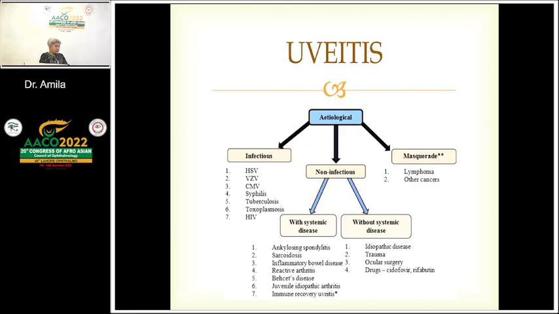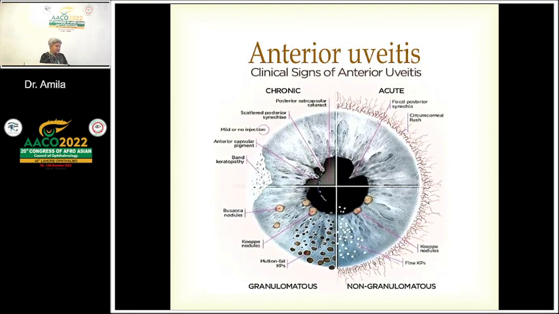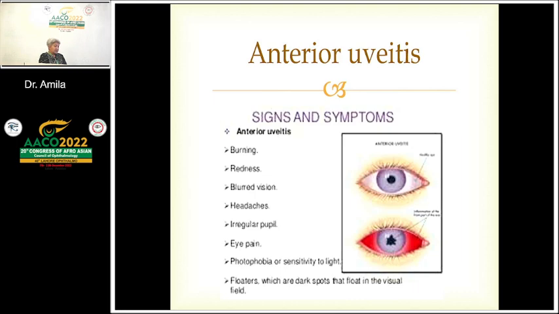Etiologically, you know that there could be infections, and you heard from our colleague about masquerade syndromes, with and without systemic diseases. You know the clinical signs of anterior uveitis. What does it mean?